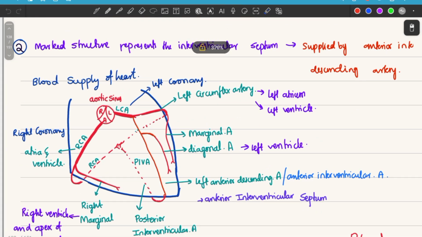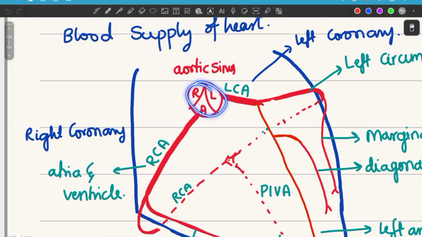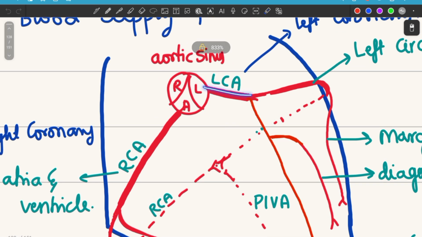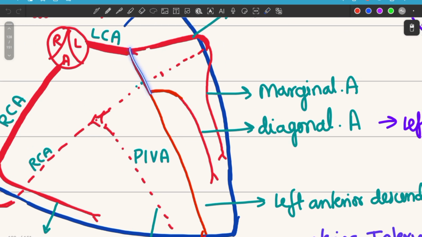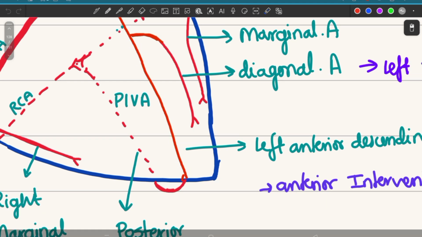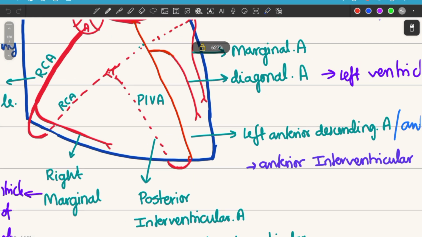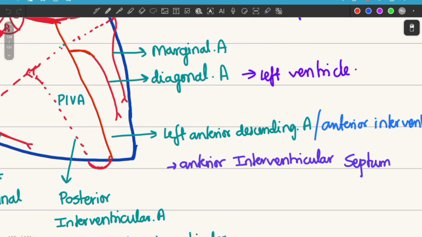See, this is the aortic sinus, this is anterior, this is the left aortic sinus, and this is the right aortic sinus. The left coronary artery gives two branches: first, the left circumflex artery and the left anterior descending artery, which is also known as the anterior interventricular artery.